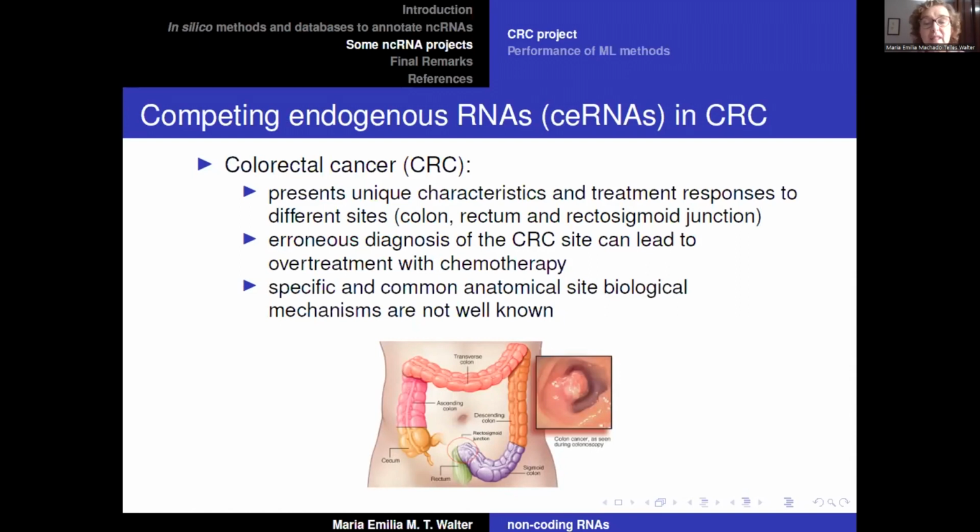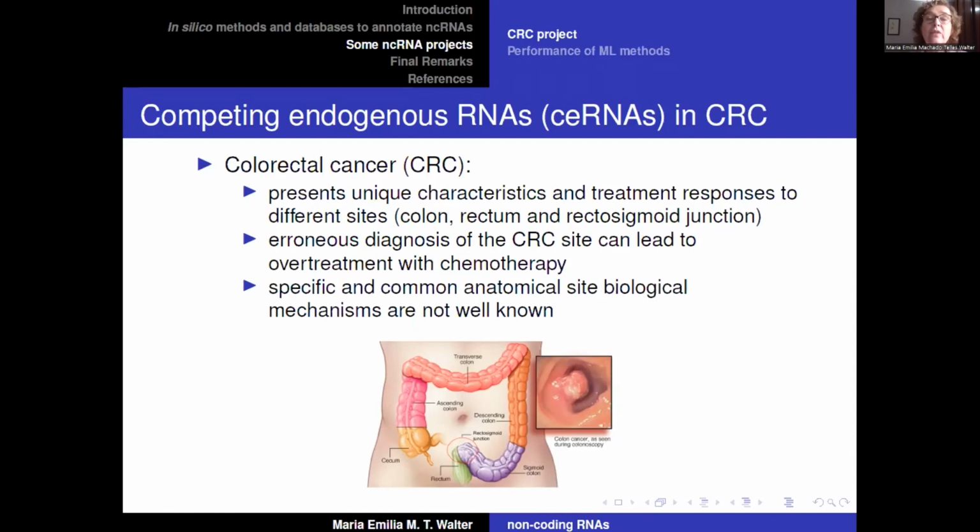You can see in the figure where these sites are: colon, rectum, and rectosigmoid junction, and you can see a tumor. This is a cancer that affects millions of people around the world, and the treatment is very hard.